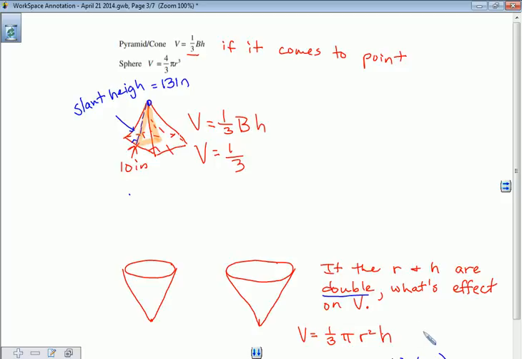So here we have a pyramid, and I'm about to tell you that this is a square pyramid, which means its base is a square. And all sides of a pyramid, the lateral faces, are always going to be triangles, right?